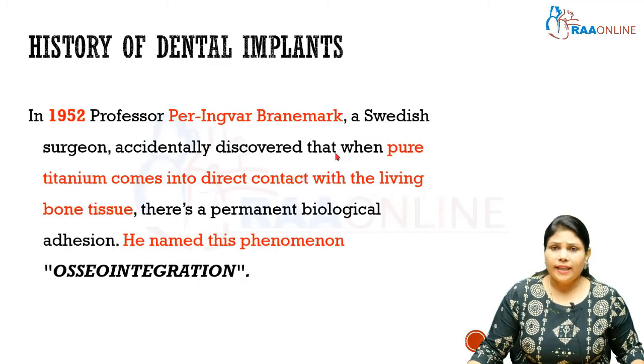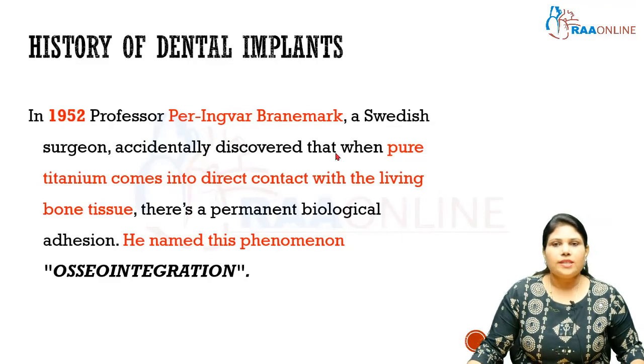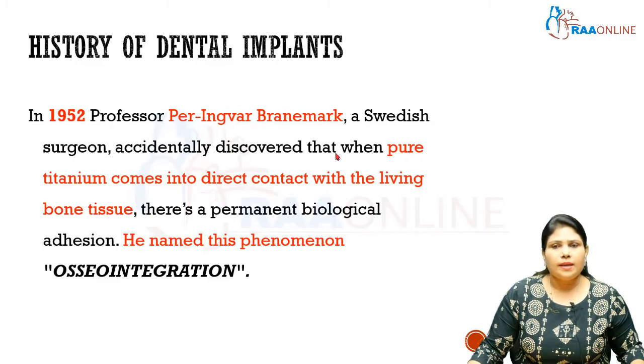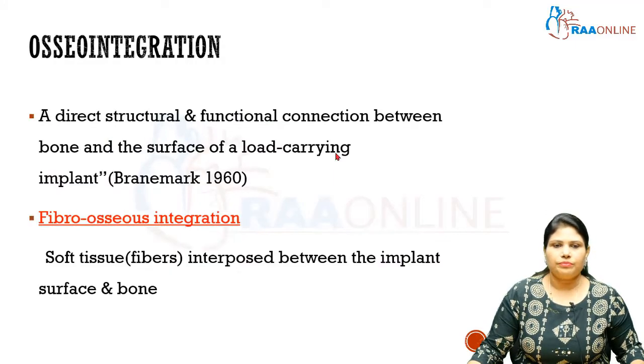It was in 1952 that Professor Per-Ingvar Brånemark, a Swedish surgeon, accidentally discovered that when titanium comes into direct contact with the living bone tissue, there is a permanent biological adhesion. This phenomenon was termed osseointegration.